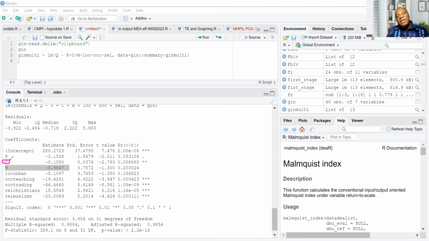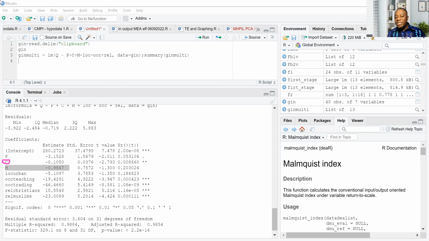But when I was giving occupation, I did not say given occupation teaching, or occupation trading. I said given occupation. I took the umbrella name of the dummy instead of splitting them. The same thing when we went to religion. There are three religions: Christians, Muslims, Buddhists.